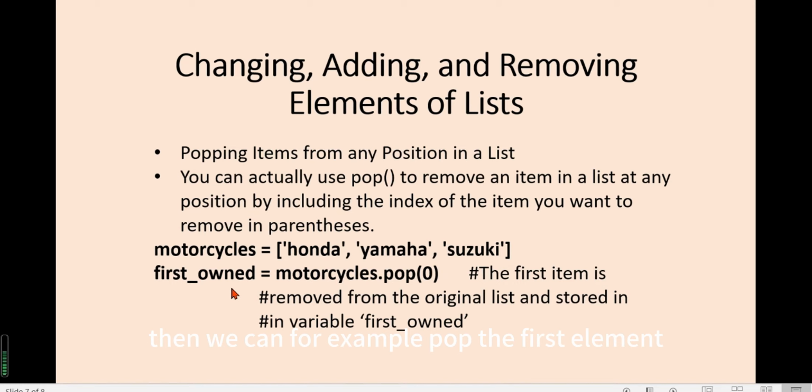Then we can, for example, pop the first element from the original list, and we call this variable first_owned, and then we assign this value to this variable. So the first item is removed from the original list and stored in this new variable first_owned.